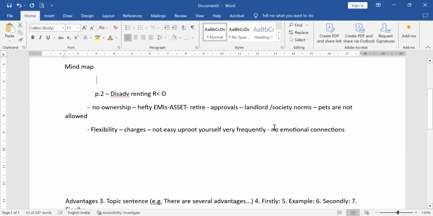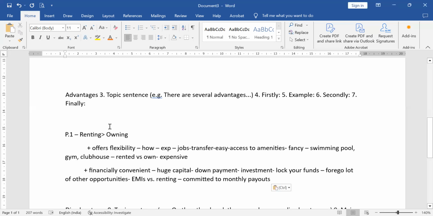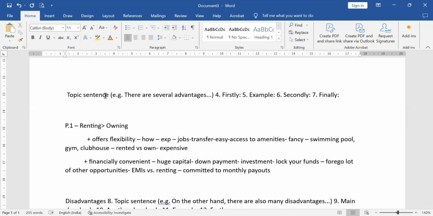Let's now start writing. How should I write? They have told you how I should write. Take the mind map, keep that into consideration. Advantages. Let me start with the topic sentence. What is a topic sentence? There are several advantages of so and so. But I don't want to write advantages.